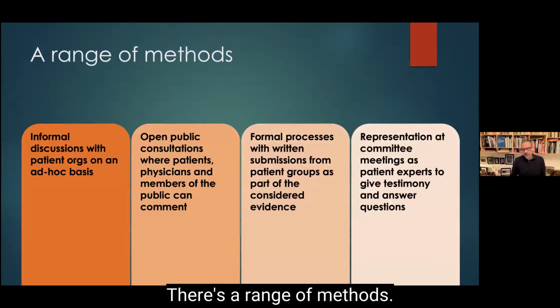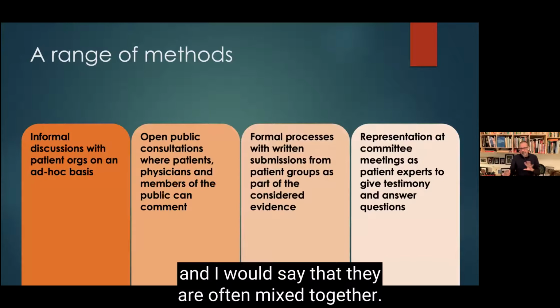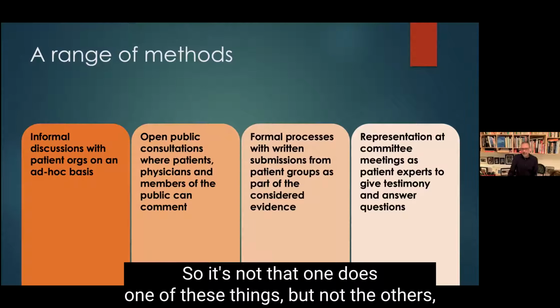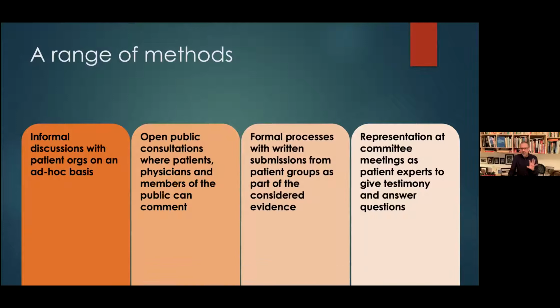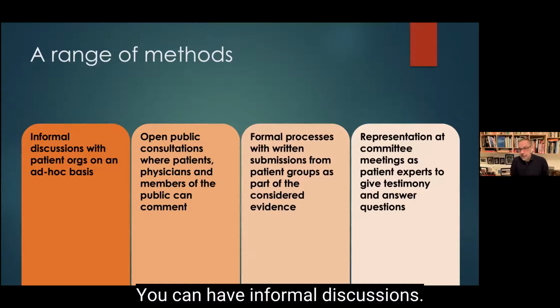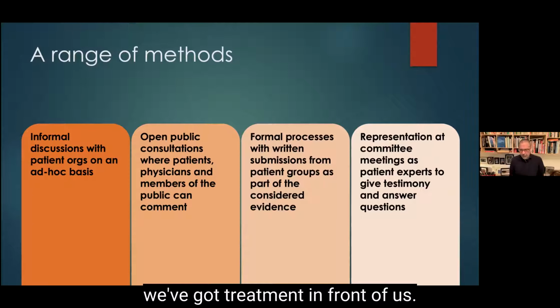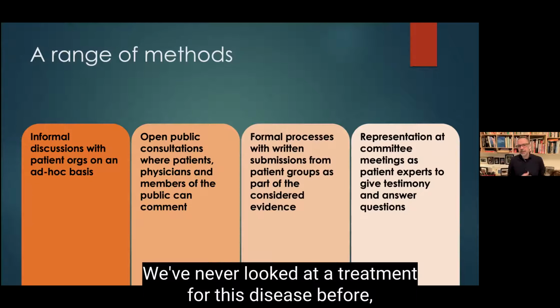There's a range of methods. There's more than what's on this slide. And I would say that they're often mixed together. So it's not that one does one of these things, but not the others, but actually you usually find a mix of these different approaches. You can have informal discussions. So a HTA body can say, we've got a treatment in front of us, and we've never looked at a treatment for this disease before.